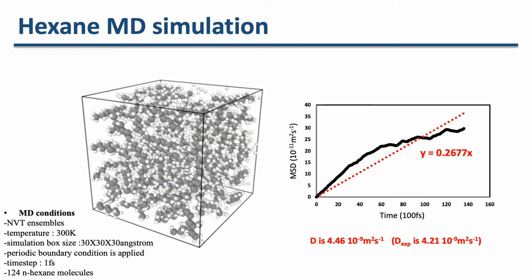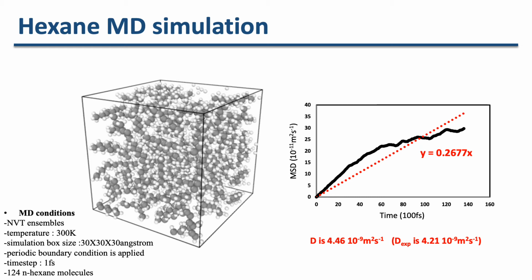And this is the pure hexane MD simulation by the EFP method, and the mean square displacement shows a little bit of curve, which is not very straight. So the first part will be the ballistic motion between molecules.